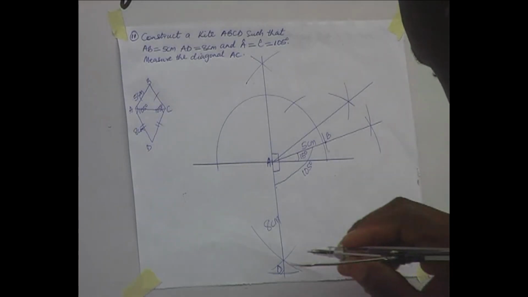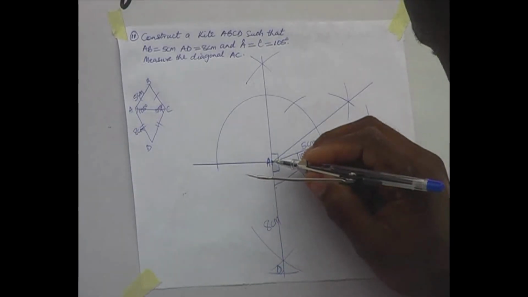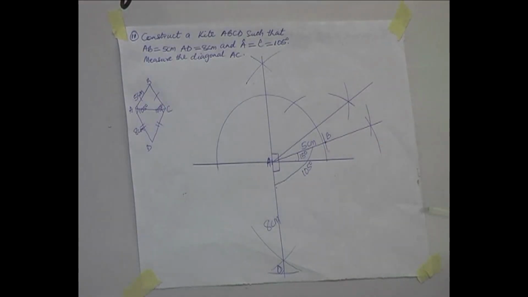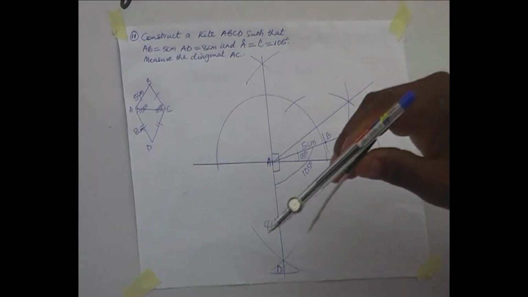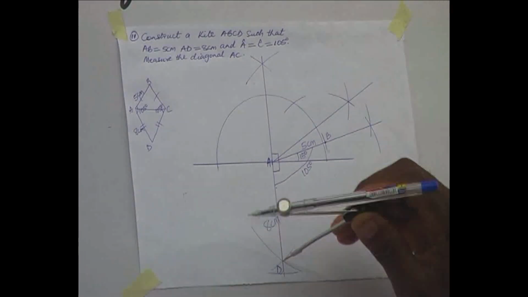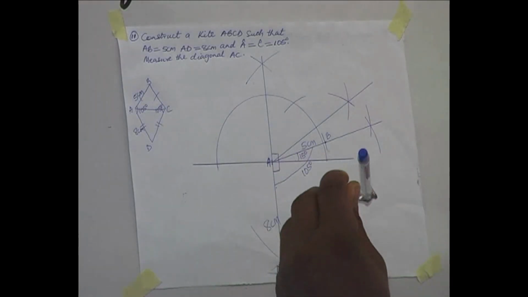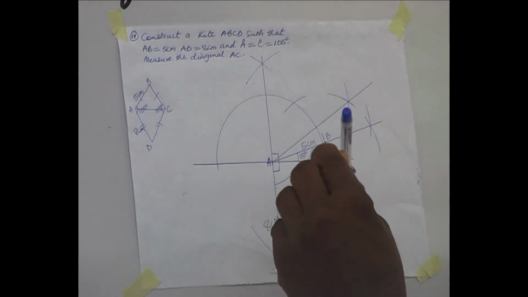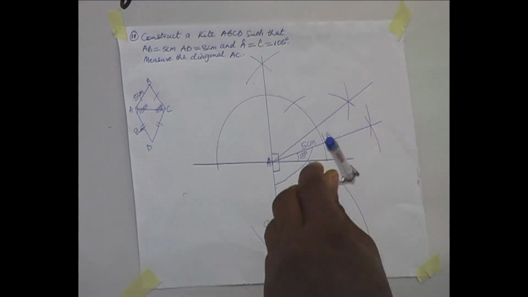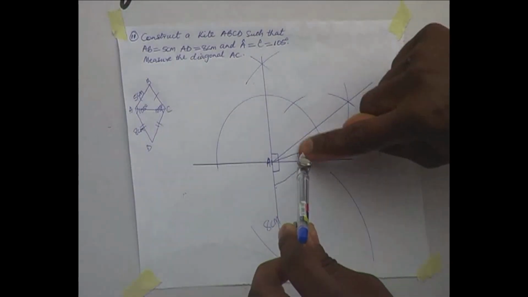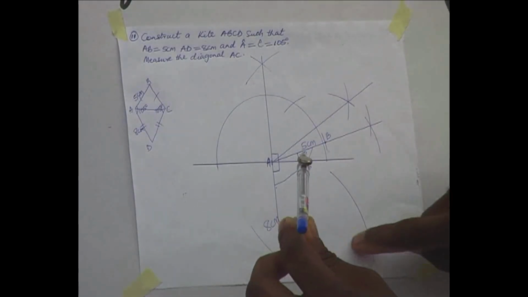Now if this is 8 centimeters from here to here, and from here to here is 5 centimeters, that means we are going to cut out another 8 centimeters. Look at what I'm going to do. Remember that a kite has adjacent sides equal to themselves. So if I cut off another 8 centimeters as an arc, I'm going to cut out another 5 centimeters so that this side and this side will be equal, and this side and this side will be equal.